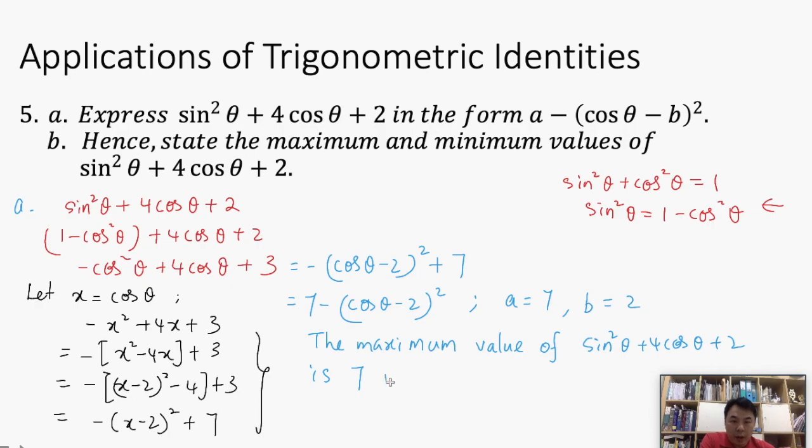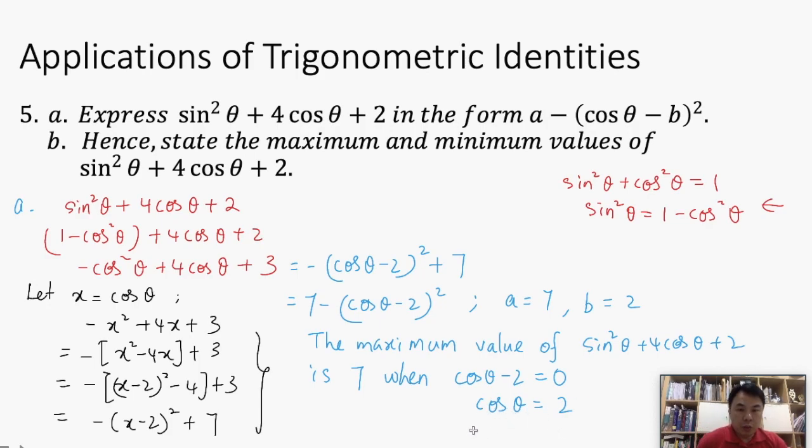It's 7 when cosine theta minus 2 is equal to 0. Right, so just let me check one more time. In this case the cosine theta is equal to 2. Cosine theta is equal to 2.